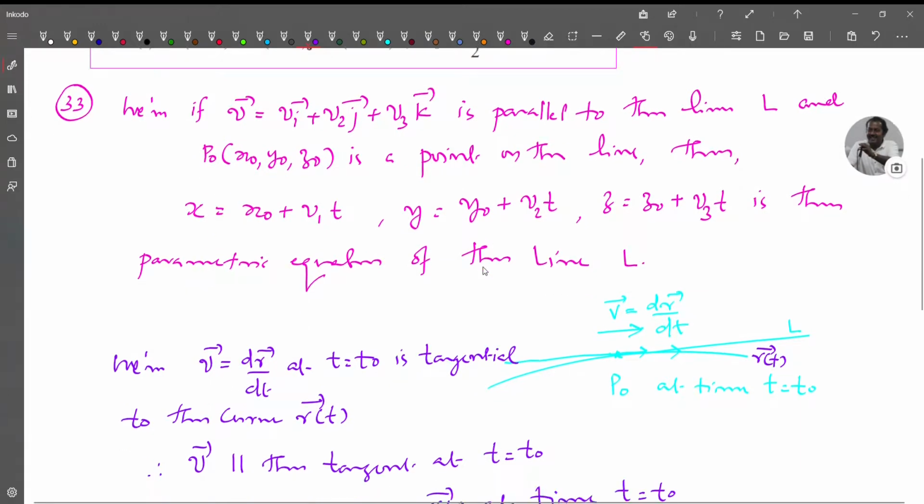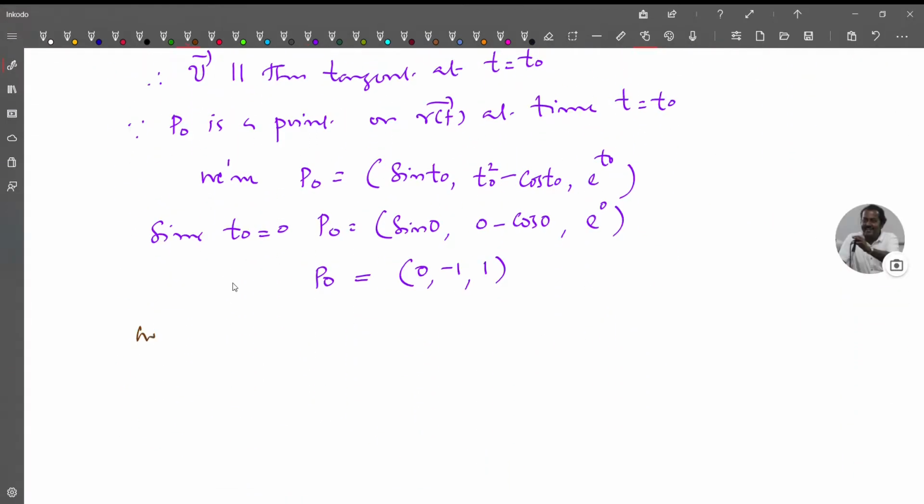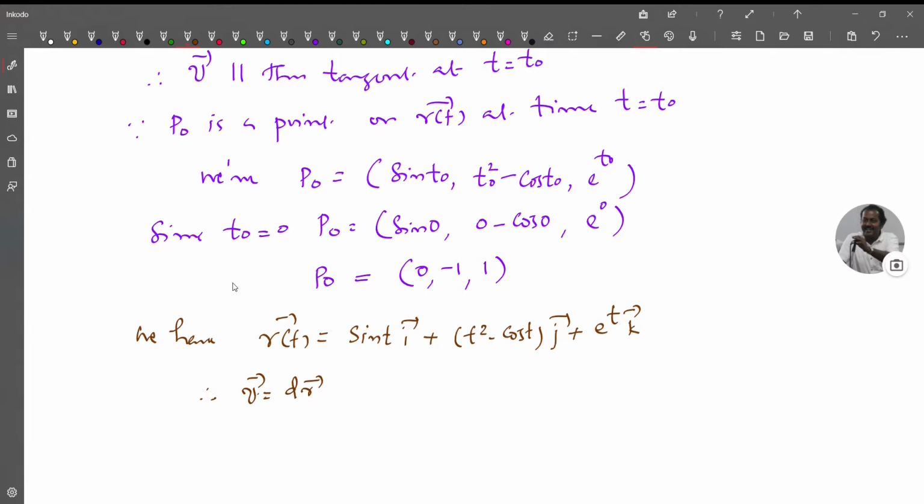Now you have to find v. We have r of t equal to sin t i plus (t square minus cos t) j plus e raised to t k. Therefore, v equal to dr by dt at t equal to 0.